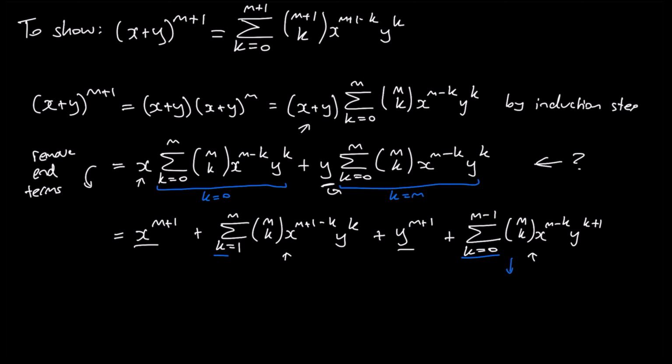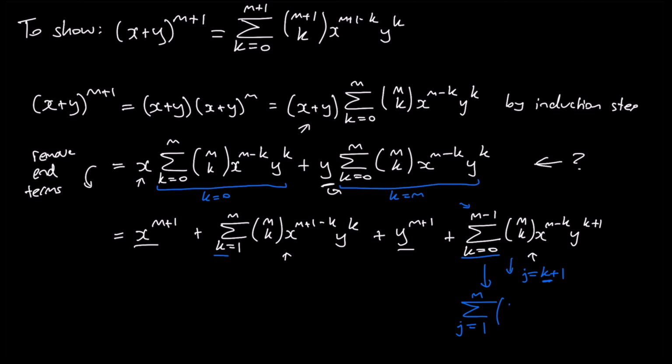I'm actually going to redefine my index of summation. I'm going to let j equal k plus 1 so that this sum becomes j equals 1, because k equals 0 means j equals 1, up to m, because if j equals k plus 1 and we go up to m minus 1 for k, that means we go up to m minus 1 plus 1 for j.